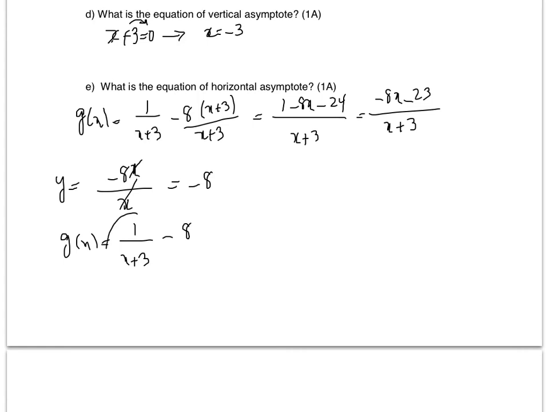So this fraction is not going to contribute anything when x goes to a very large number. So the only thing contributing to g of x is going to be minus 8. That's why y equal to minus 8 is going to be our horizontal asymptote.